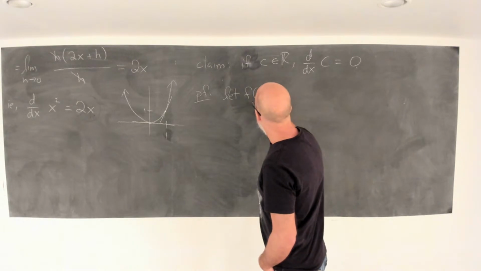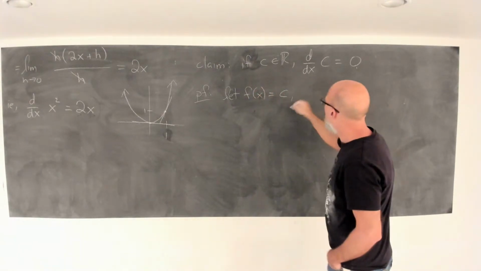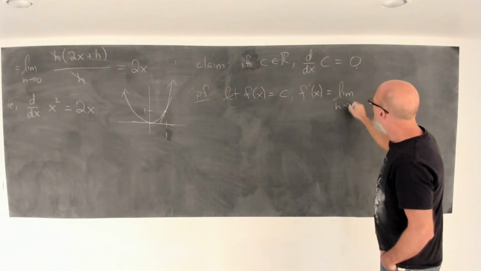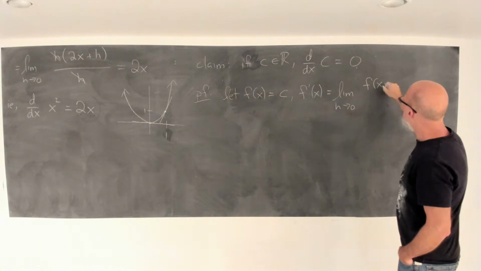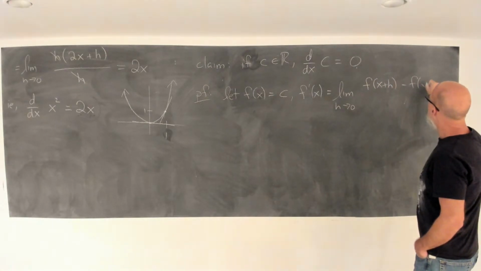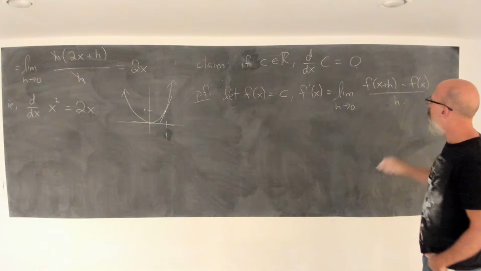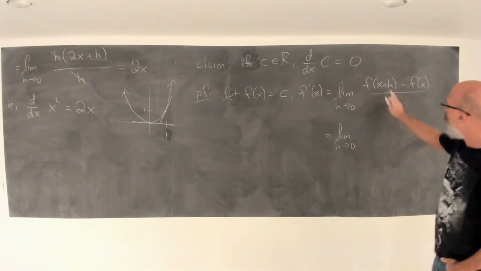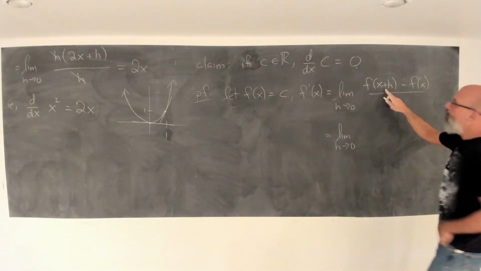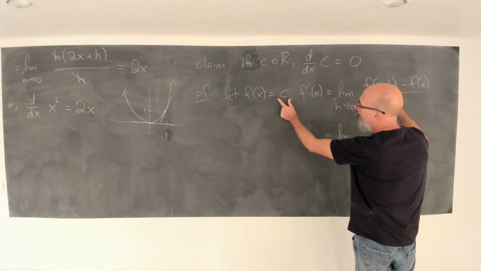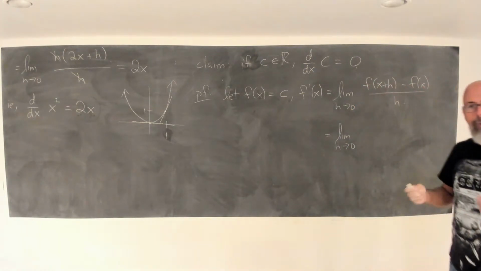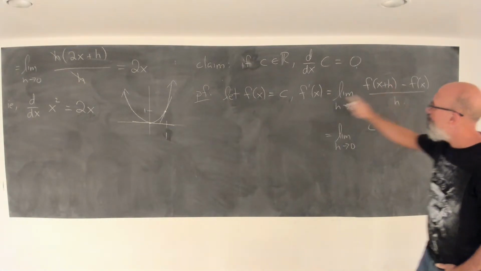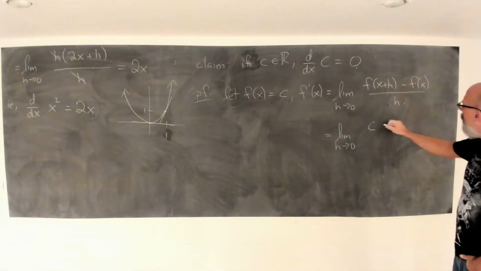Let f of x be equal to c. The derivative is the limit of f of x plus h minus f of x over h. F of x plus h, everywhere you see an x in your function, you replace with x plus h, but there is no x. So f of x plus h is just c. F of x is c.